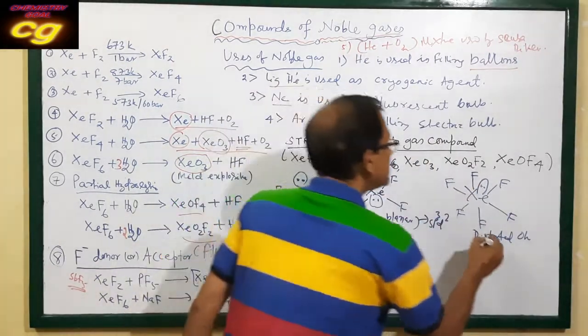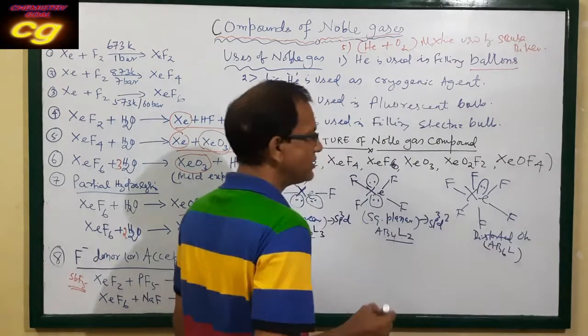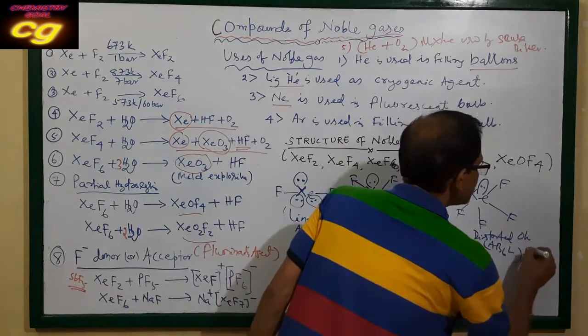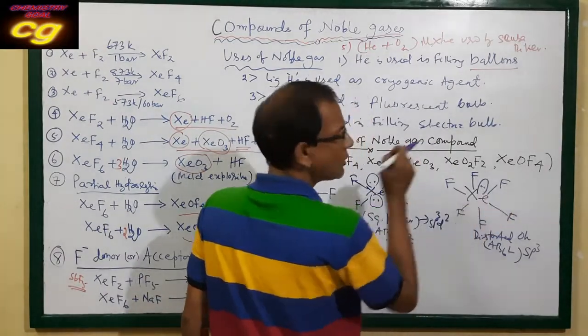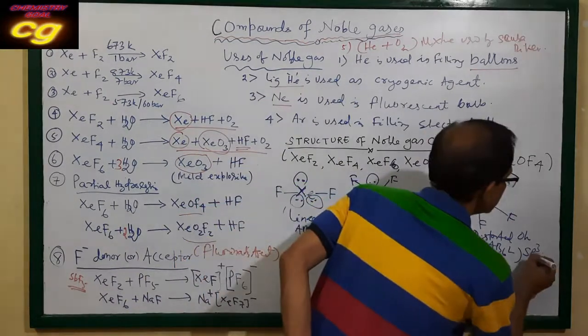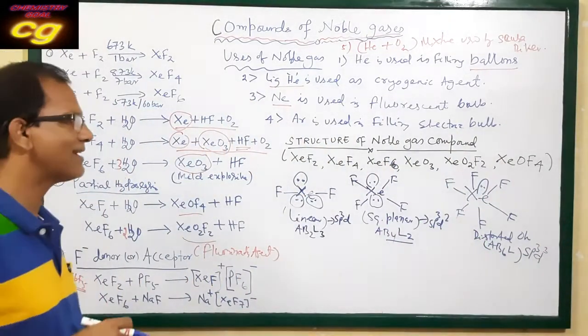And the system is AB6L. Total is 1, 2, 3, 4, 5, 6 bonds and 1 lone pair, so 7, and the hybridization is sp3d3. So it is distorted octahedral.